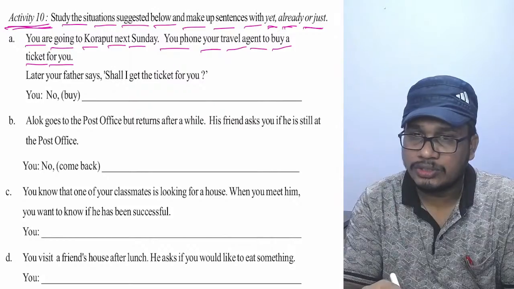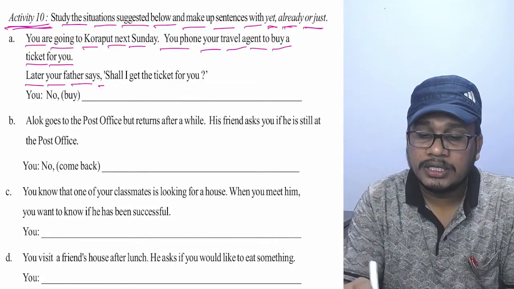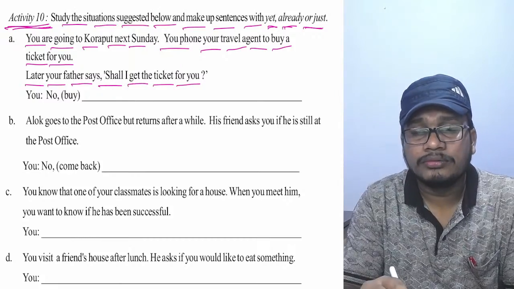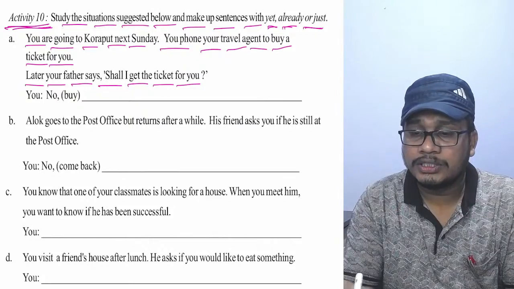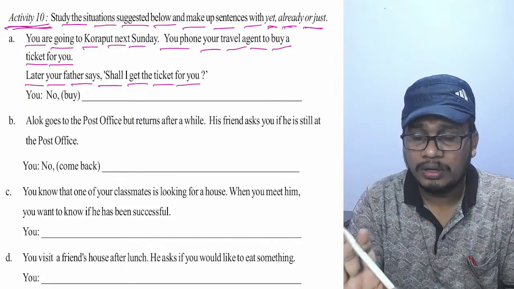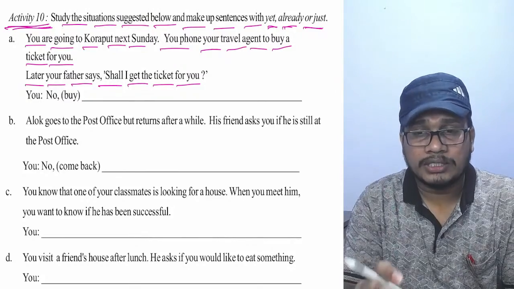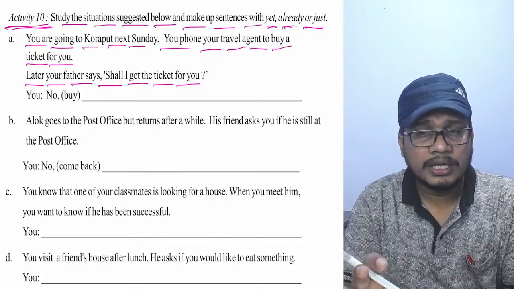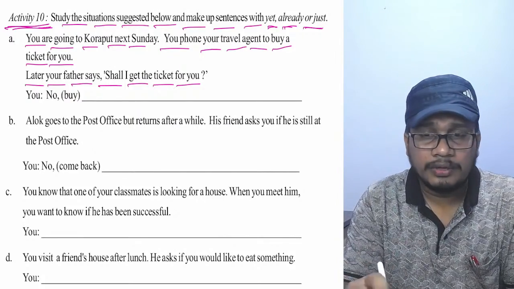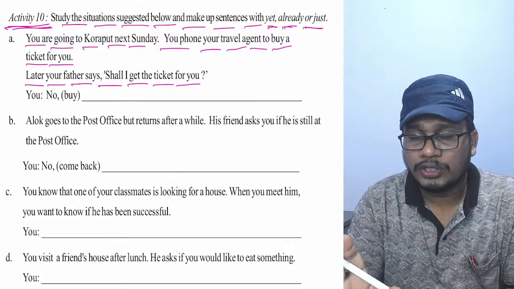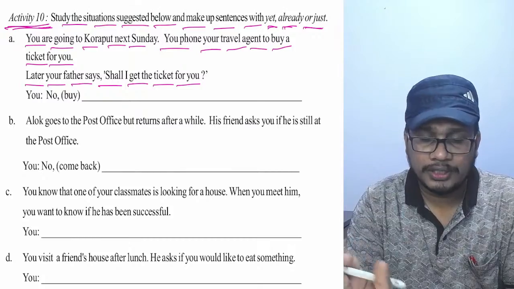Then this is the situation, and later what happens? Your father says, shall I get the ticket for you? You have already phoned your travel agent to reserve a ticket, but after that your father asks, should I get a ticket for you? Then you will reply, no, I have already booked the ticket.